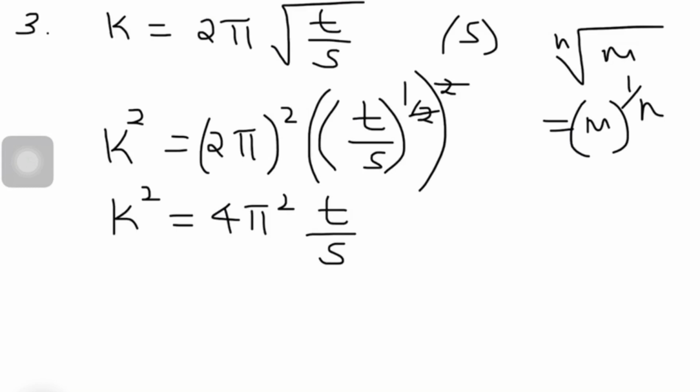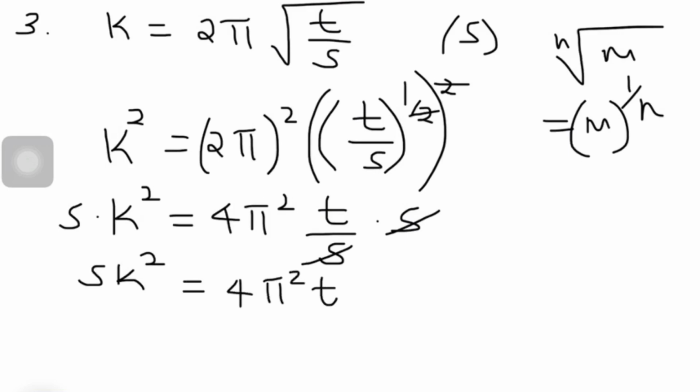Now we want s, and we still have a fraction somewhere, so we have to multiply both sides by s, right? S cancels with that, and we have s k squared is equal to 4 pi squared t. We want only s, and therefore we have to divide both sides by k squared.